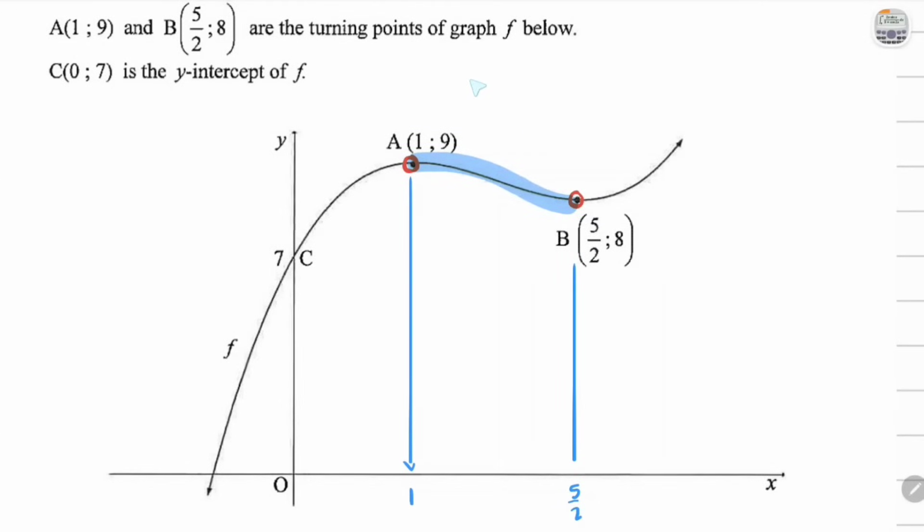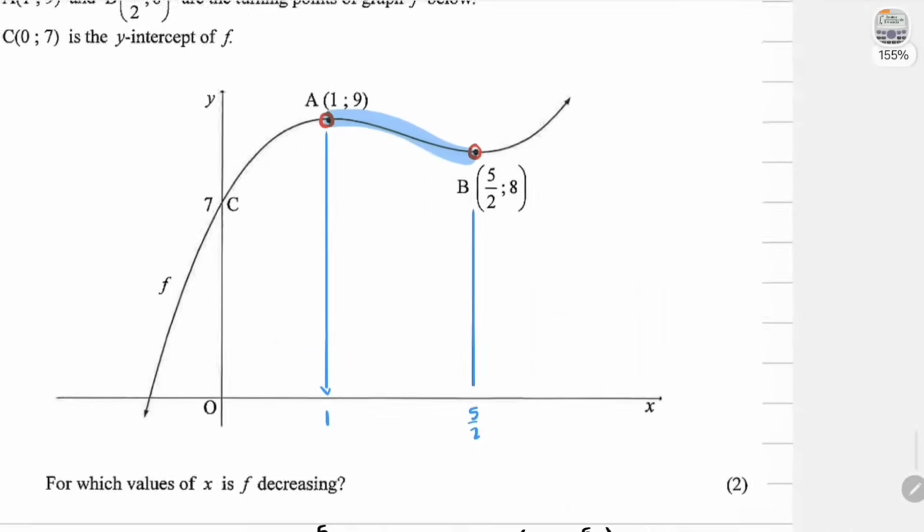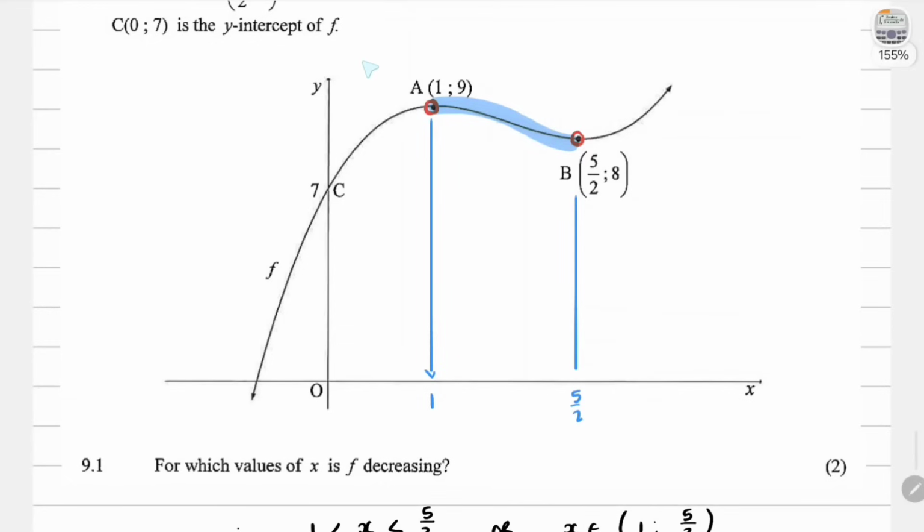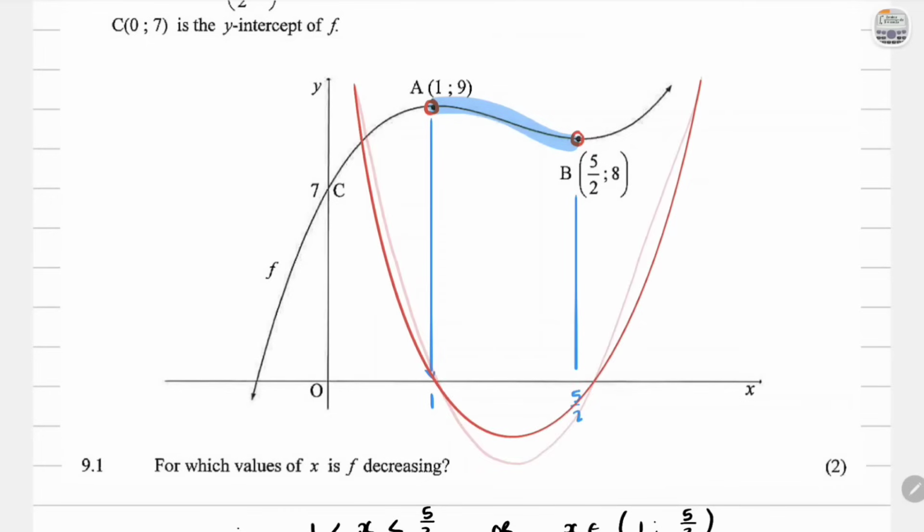So this is a cubic function where the value of a in ax cubed is greater than 0. Okay, so when you derive this function, it will form a parabola, and the parabola is also going to be concave up since it came from a cubic function where the a value was greater than 0.